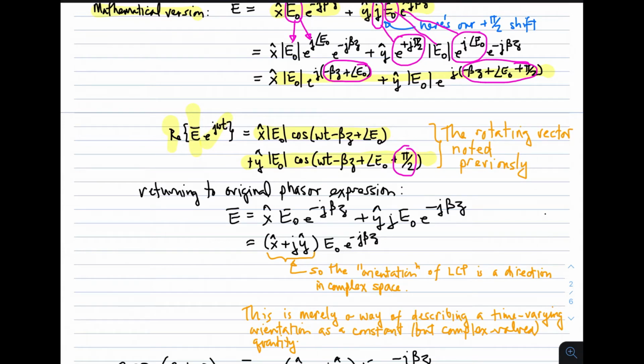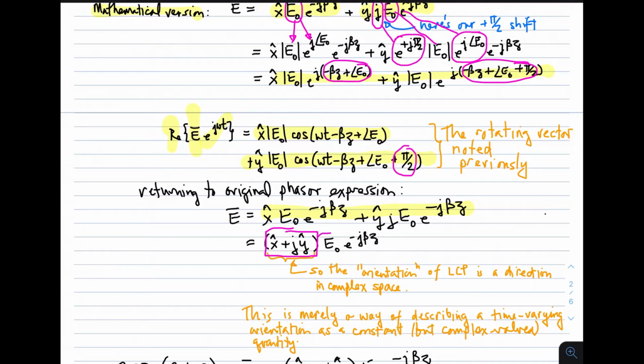So one advantage in looking at the mathematical version is we get one additional little piece of information. If we go back to the original phasor expression, this one, we note that we can combine these two terms together to obtain this factor out front, this vector expression, x hat plus j y hat.